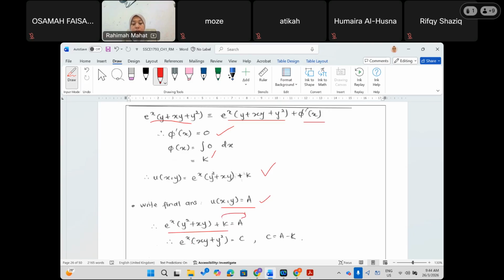So exponent x, xy, this one you just rearrange the terms here, xy plus y squared. This one's a minus k is equal to constant, because we just want to simplify all the constants into one term. So a minus k is constant actually. So we simplify with c.